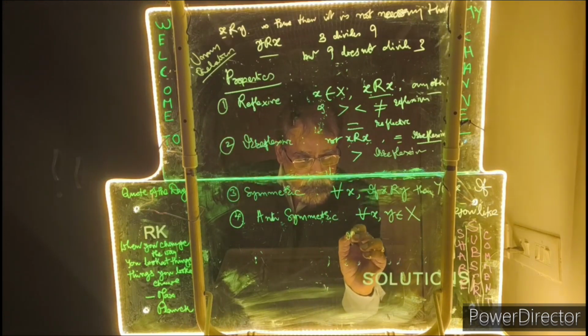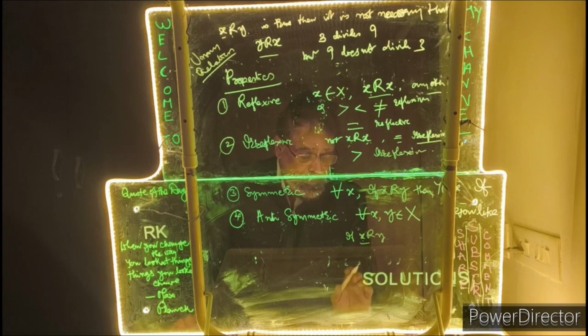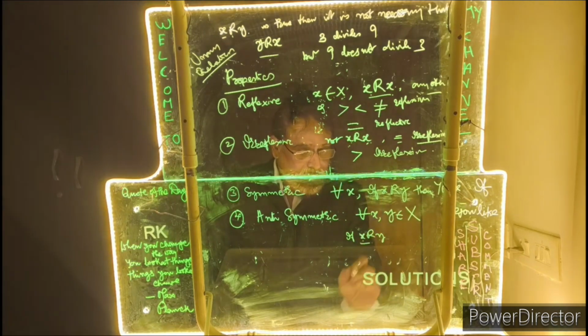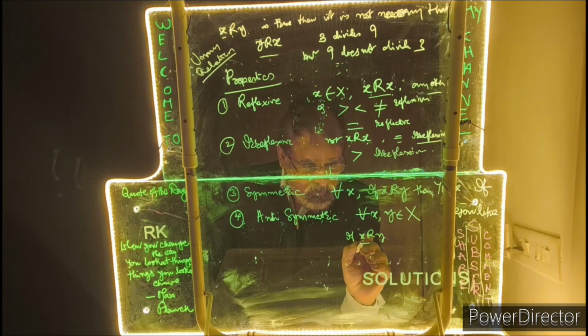If x is related to y, the order of relation is also very important here. This is a relation from X to Y. This is called departure.